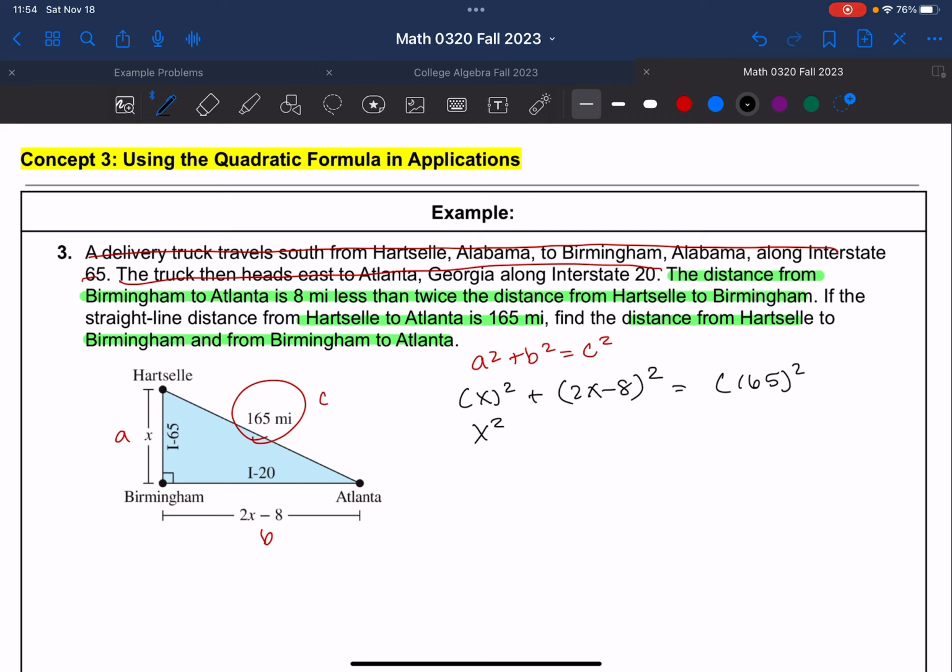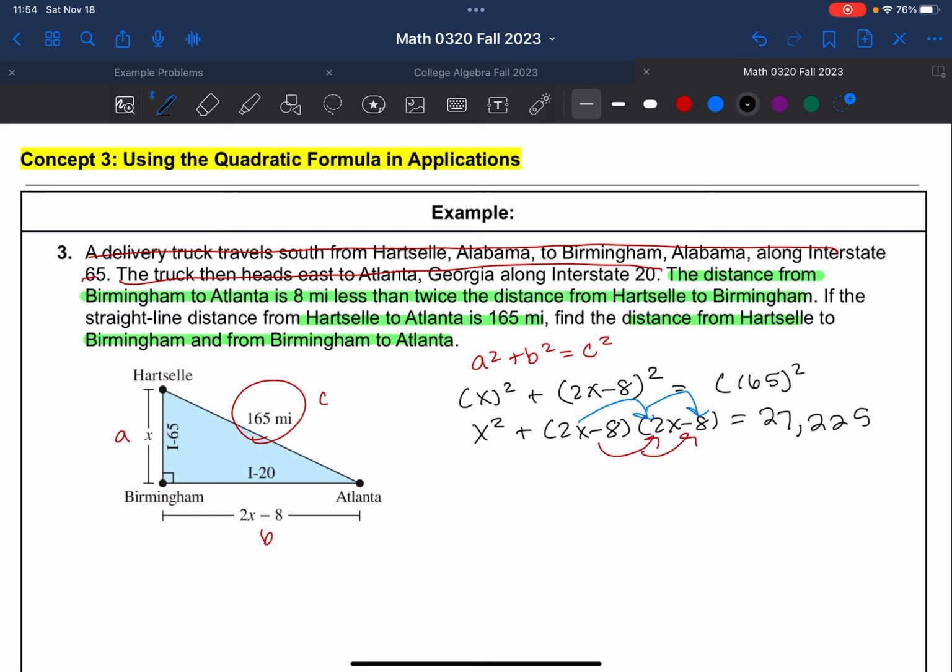And that 2x minus 8 squared tells us that we're going to have to write these parentheses twice and use the FOIL method. And then 165 squared is, let's see, 27,225. So first we're using that FOIL method here.